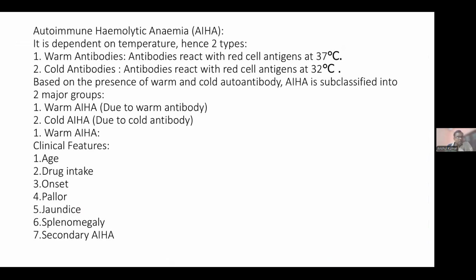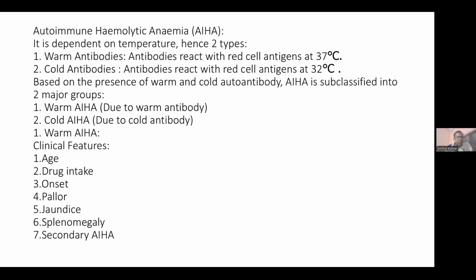Now here again, these antibodies are preponderantly of IgM type, fix complement, and result in intravascular hemolysis, or sensitized RBCs are lysed by reticuloendothelial cells of liver and spleen. There is hemoglobinemia and hemoglobinuria.